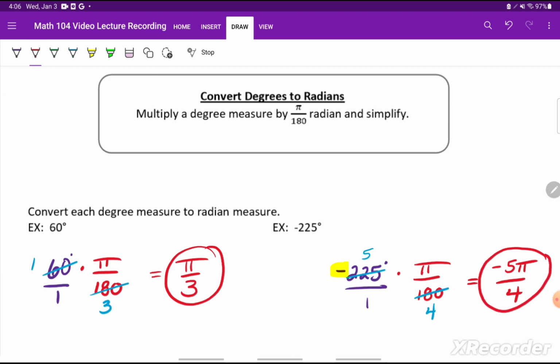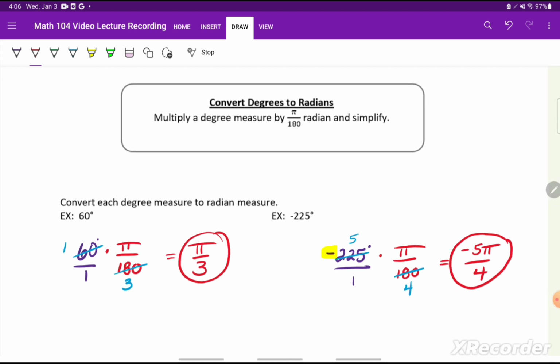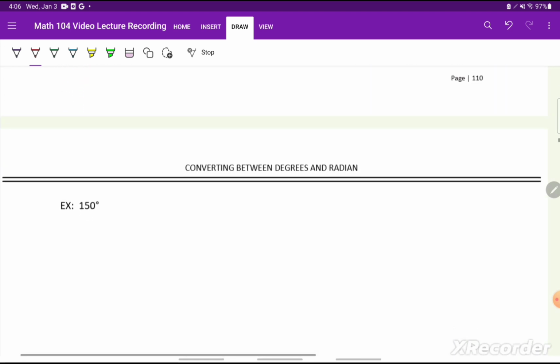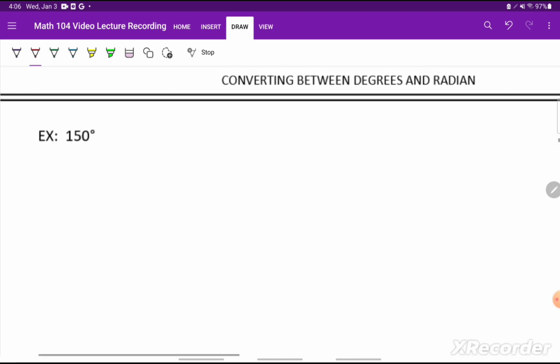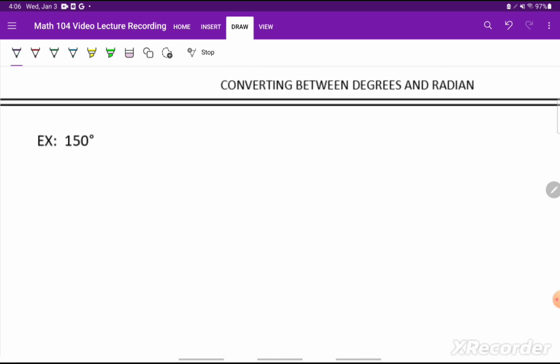You're going to do this just like forever. Throughout trig, throughout calculus, we're going to need this ability to convert between radians and degrees. So now let's go, one more. 150 degrees, we'll multiply that by pi over 180.